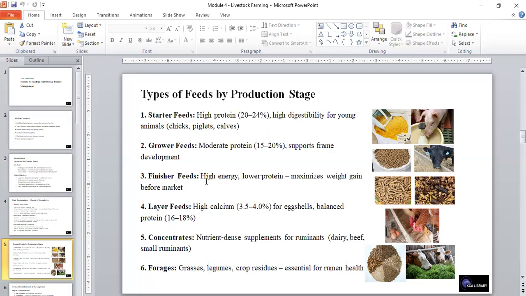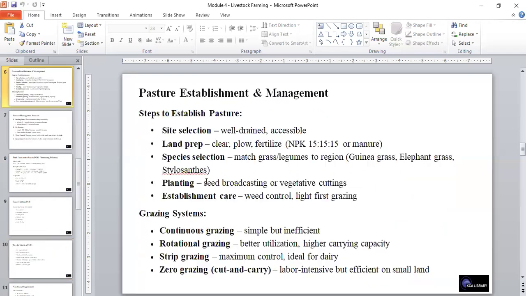Finisher feeds are high in energy and lower in protein. The goal is to maximize weight gain before the market. Then layer feed is high in calcium. Concentrates are nutrient-dense supplements for ruminants, whereas forages are grasses, legumes, and crop residues.